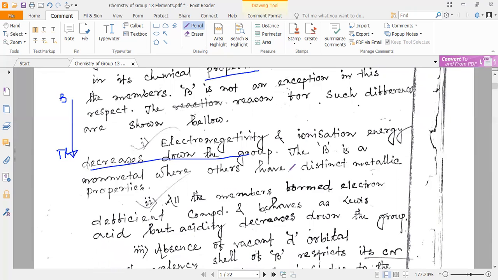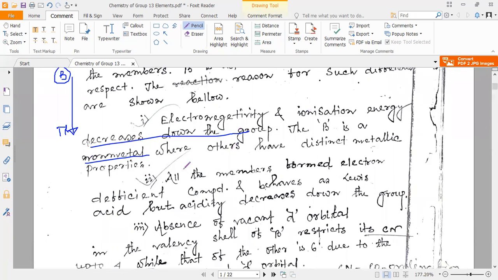Therefore, boron is a non-metal, whereas the others have distinct metallic properties. So why is boron exceptional? Except for boron, the rest of the elements show metallic character. On the other hand, boron is a non-metal.